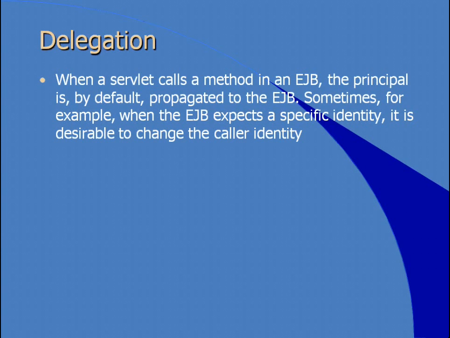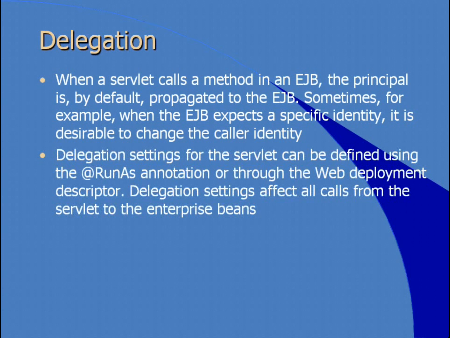However, the Java EE specification allows for, and it sometimes makes sense, that when we call a method on an EJB, the EJB expects, for its security needs, a specific identity. It may be desirable at that time to change the caller identity. In order to accomplish this within a servlet, you're looking at configuring what are called the delegation settings, or the run-as settings.